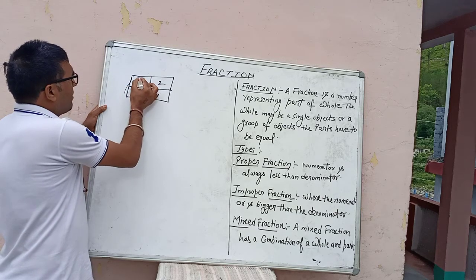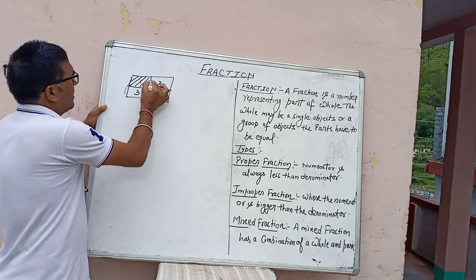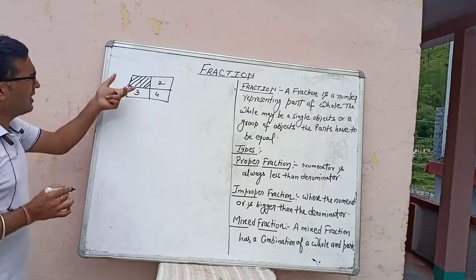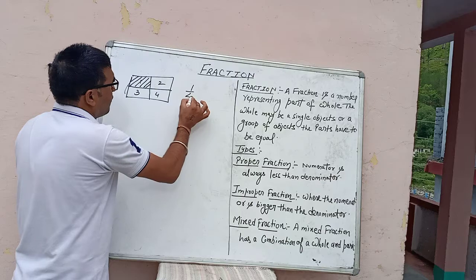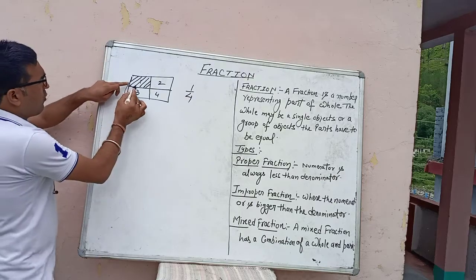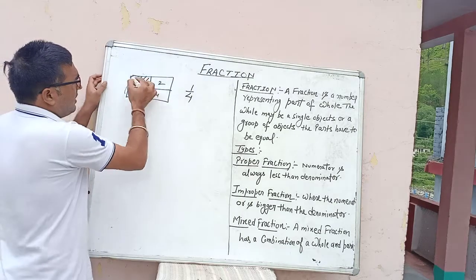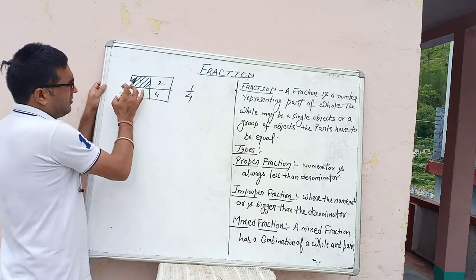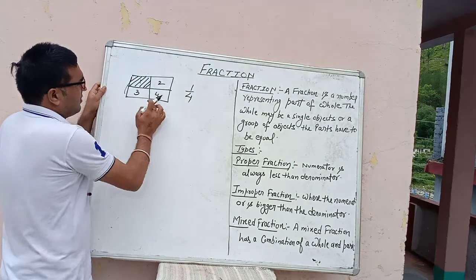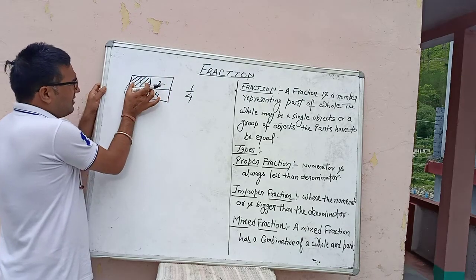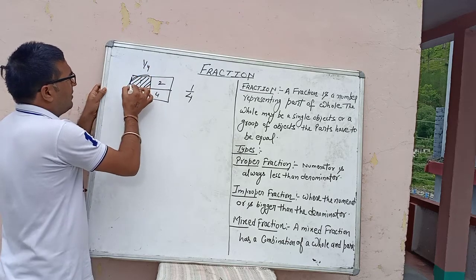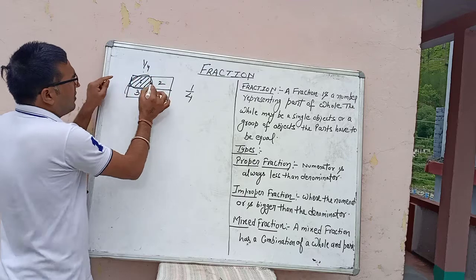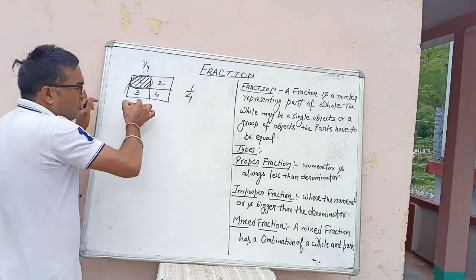So how are we going to represent the fraction? For example, if you take this space, this space is 1/4. This is 1/4 part of the total chocolate. This is the whole chocolate you have, and this part is 1/4 of the whole chocolate.